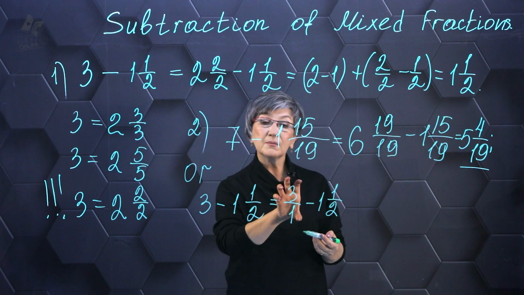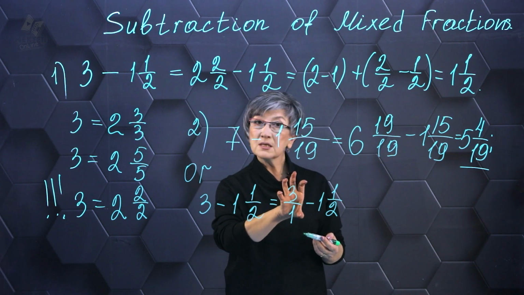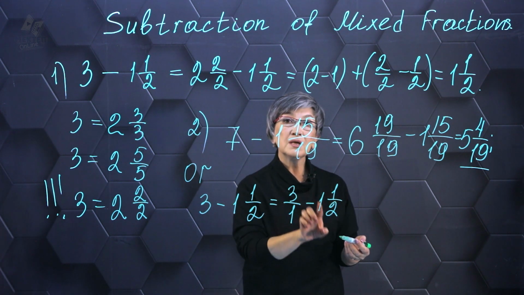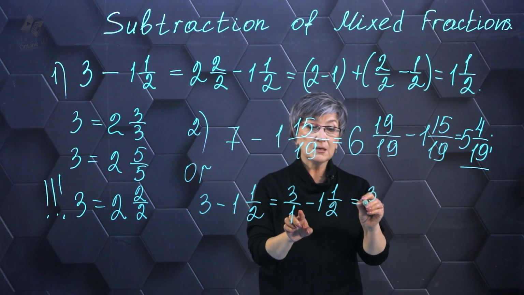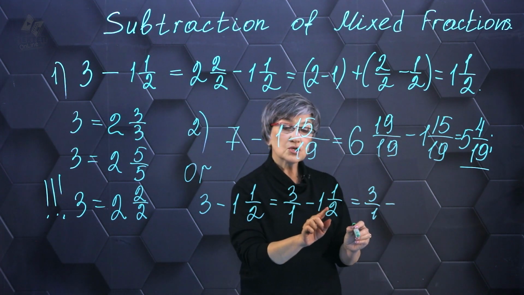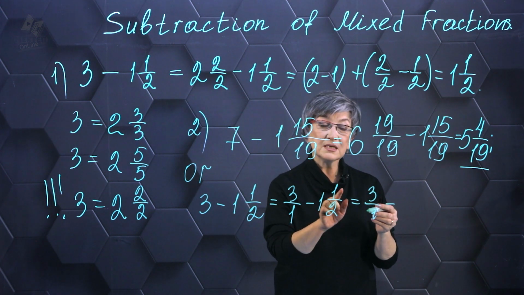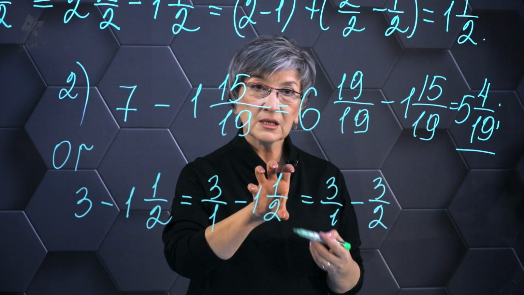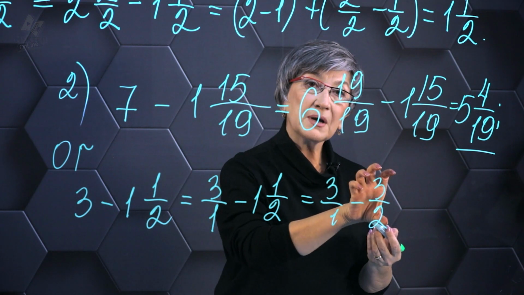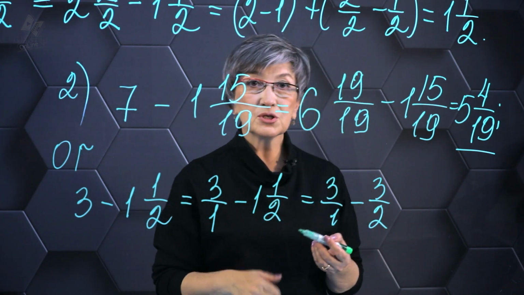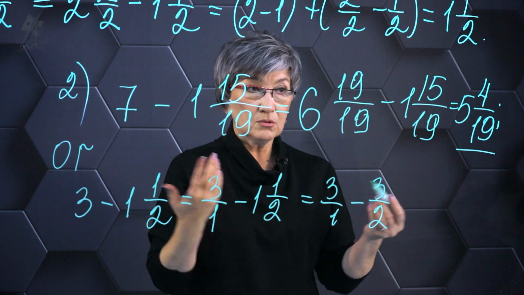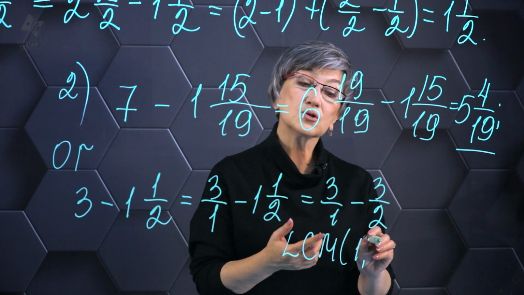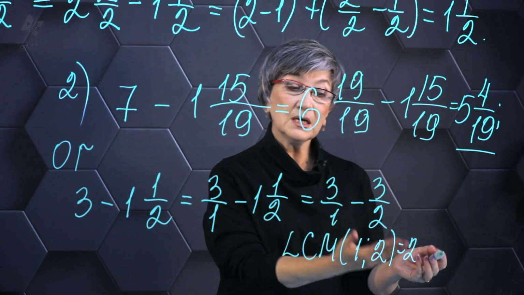But what we're seeing here is that the first number is not a mixed fraction. It's an improper fraction. Then let's convert the mixed number to an improper fraction as well. So 1 multiplied by 2 would be 2, 2 plus 1 would be 3 seconds. One more time, I've converted a mixed fraction into an improper fraction, and I ended up with 2 fractional numbers. Now, in order to subtract the 2 fractional numbers, I find the common denominator, and the common denominator is 2.